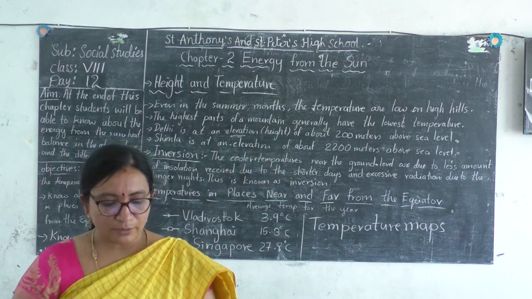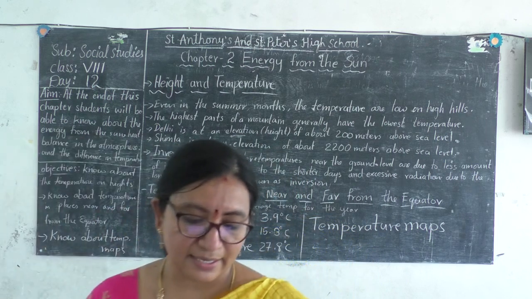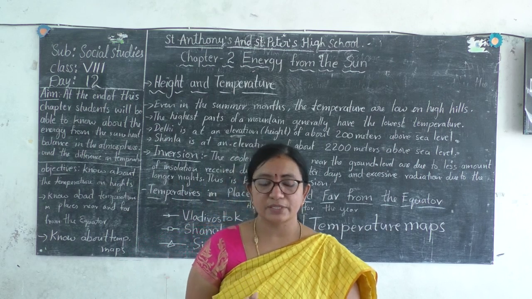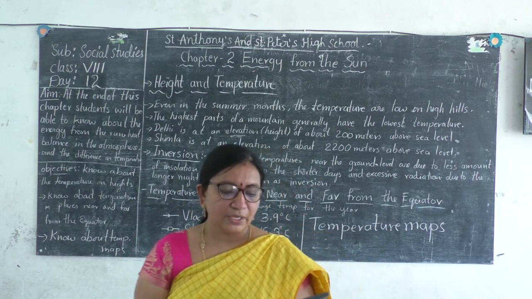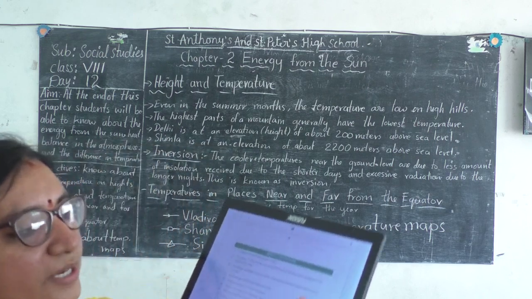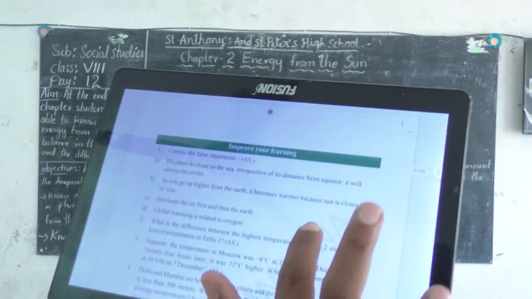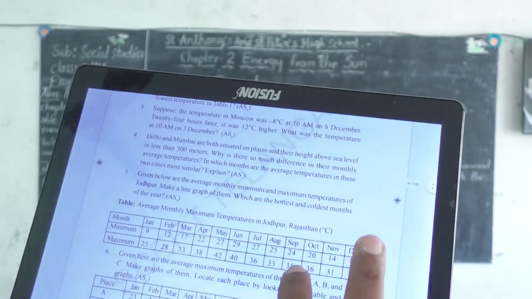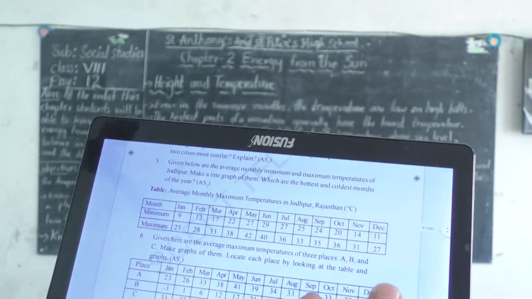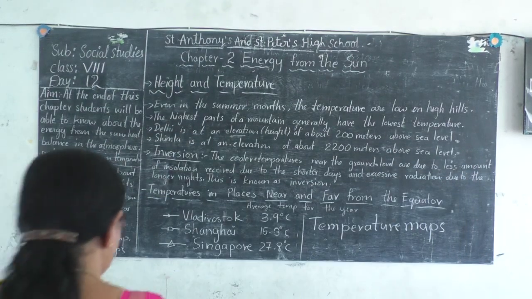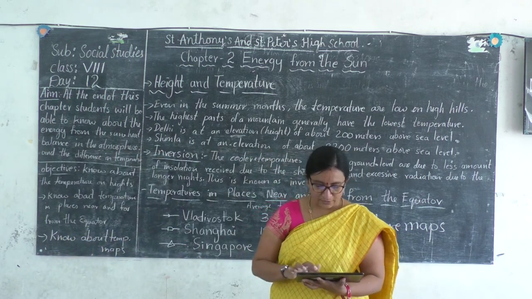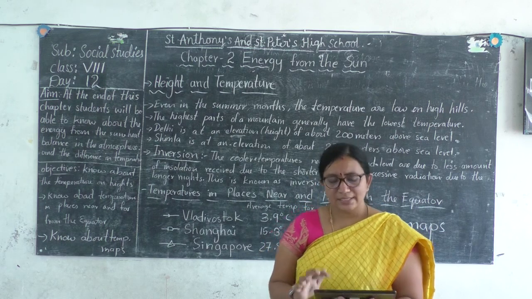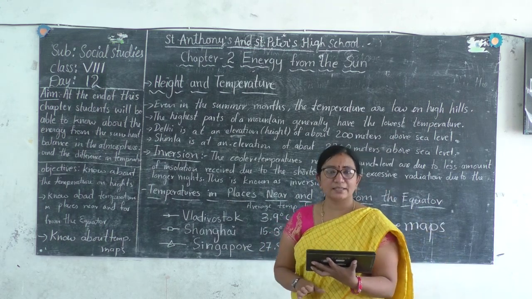I ask all my students to read the lesson at least 2 to 3 times, do the activities which are set by me, and write the questions and answers on your own. If you are able to write the questions and answers on your own, you have understood the lesson clearly, and also draw the graphs which are asked here. So this is how we have done with this lesson.